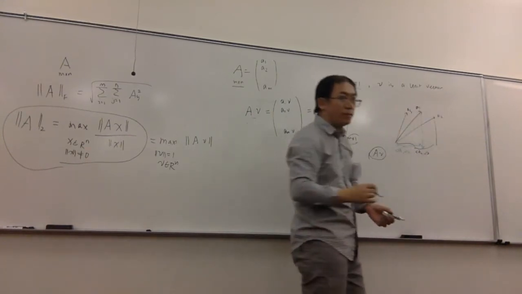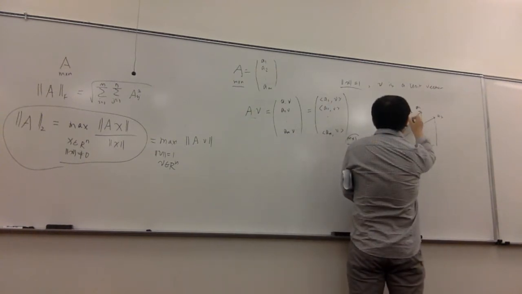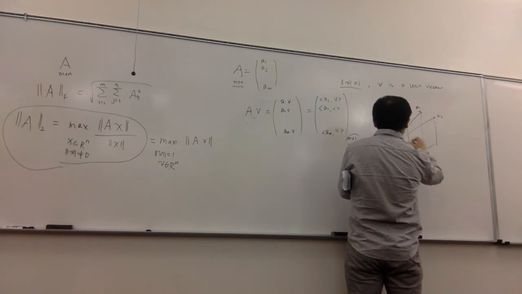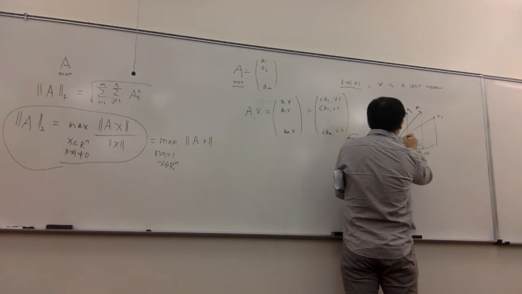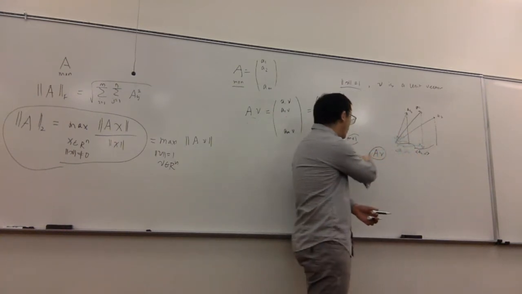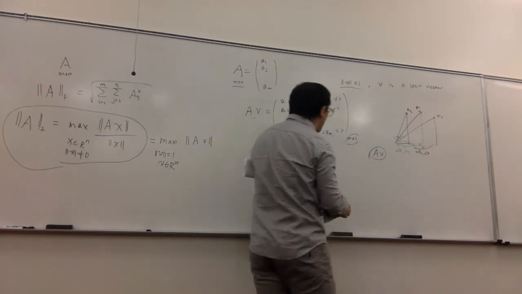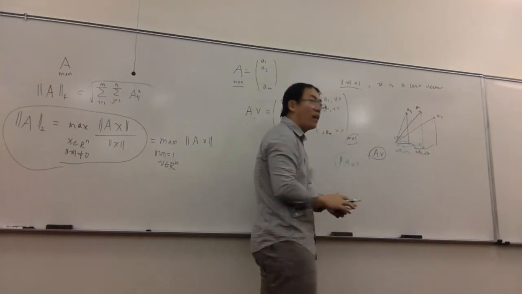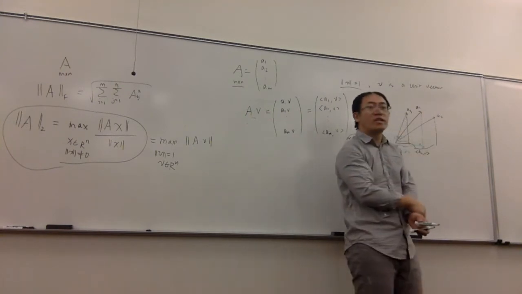And similarly, the third element would be the projection length of A3 onto V. So those 3 elements make up the product between A and V. And then we compute the norm of A and V, which is the square root of the sum of the squares of those projection lengths.